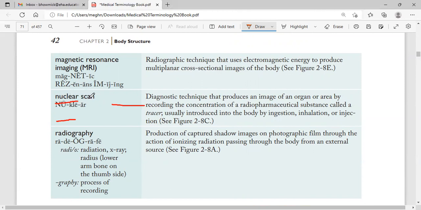Another is the nuclear scan. Diagnostic techniques that produce an image of an organ or area by recording the concentration of a radiopharmaceutical substance called a tracer, usually introduced into the body by ingestion, inhalation, or injection.